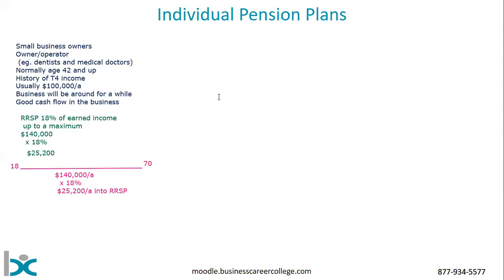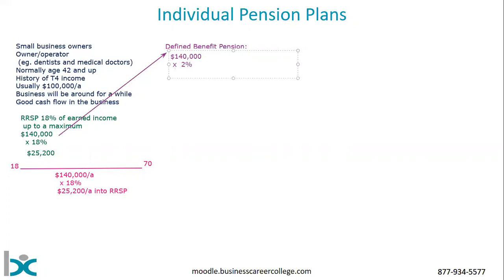If you have a defined benefit pension, this is a little bit different. And this is really where the IPP's kind of magic sits. So with a defined benefit pension, you still use the RRSP limit, but it kind of works backwards. So you would take that same $140,000, that same number, and you would multiply that by 2%.